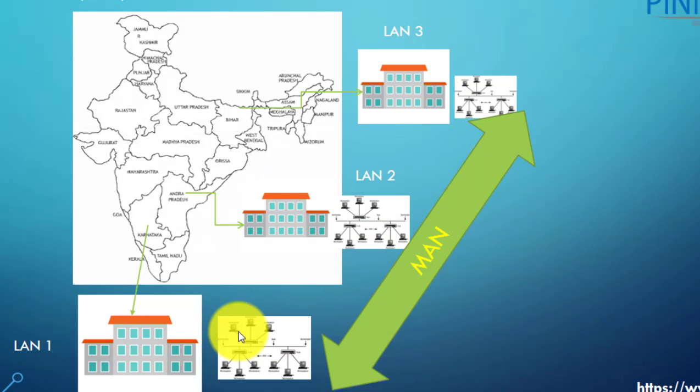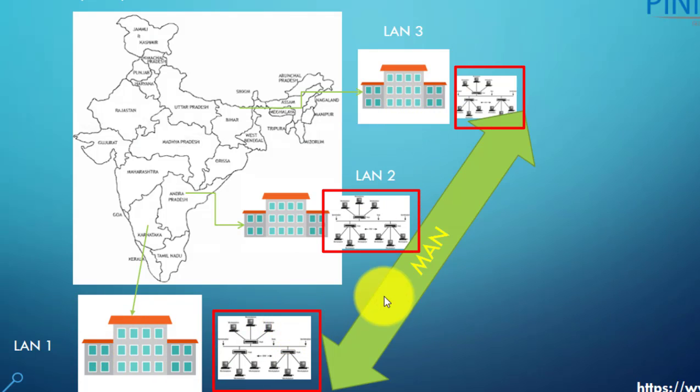The intention is that a person sitting in the branch in Bihar should be able to access data or some information with the person who is in Bangalore. In that case, I'll have to connect all these LANs together. When I do that, it becomes a metropolitan area network.